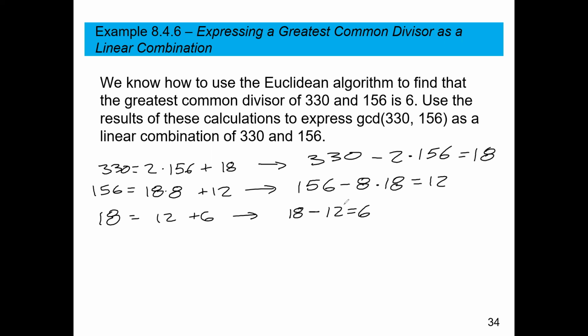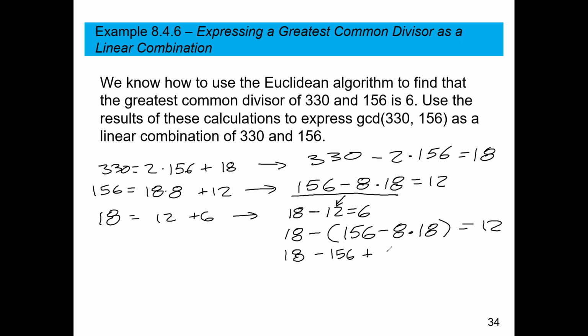So the extended Euclidean algorithm is going to do this. We know that this whole thing right here is equal to 12. So I'm going to substitute that in. So I get 18 minus parentheses 156 minus 8 times 18. And I'm not multiplying these out on purpose. I'm leaving them. When I distribute, that's 18 minus 156 plus 8 times 18.